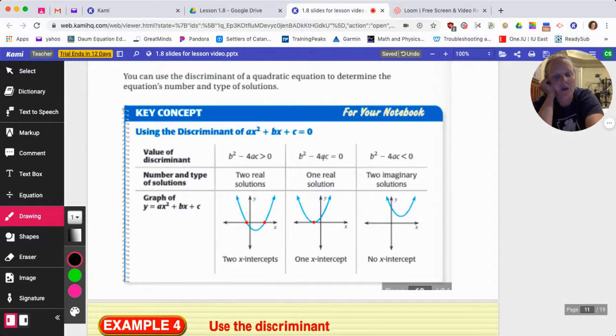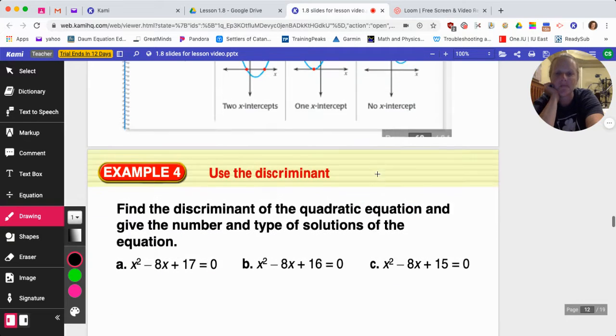If it's 0, I'm only going to have 1 real solution. It's going to touch that x-axis at one spot only. And if it's negative, it's going to float in the air and never touch the x-axis at all. It will have 2 imaginary solutions, but no real solutions.